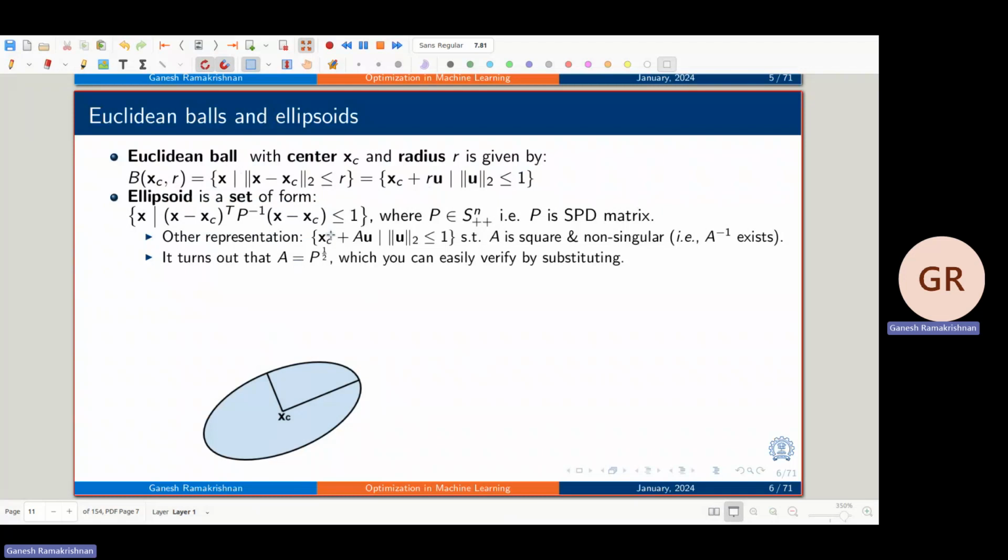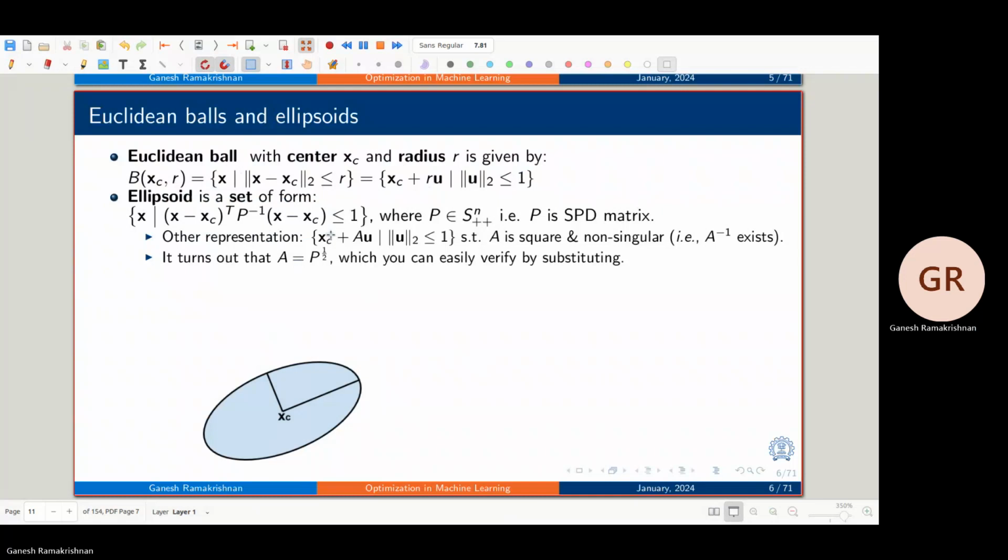But an ellipsoid is X such that X minus XC transpose, but I'm putting a P inverse, X minus XC is less than or equal to 1. This 1 is basically a rescaled version of R, where I've absorbed the scale components into P. We don't want unnecessary degrees of freedom.